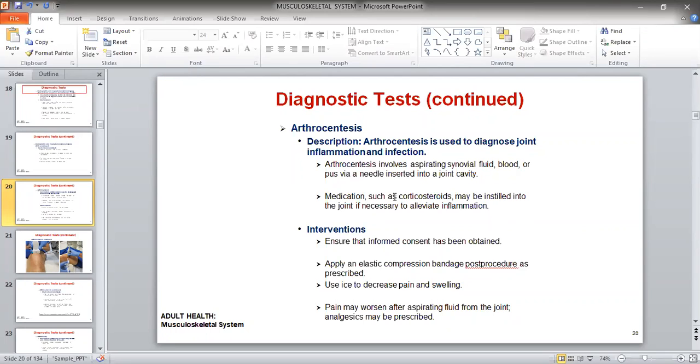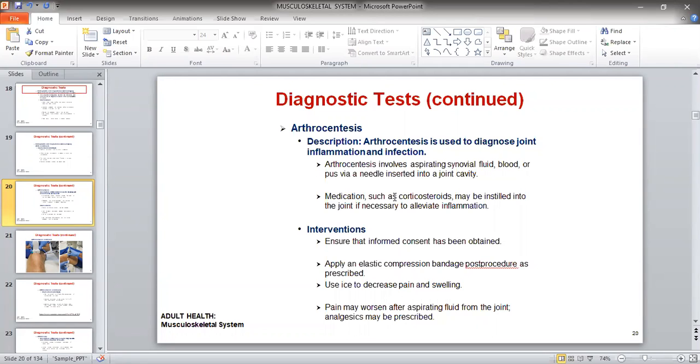So what you have to know for patient reinforcement or education: ensure that informed consent has been obtained, apply an elastic compression band post procedure, and use ice. So apply ice to the area to decrease the pain and decrease the swelling.